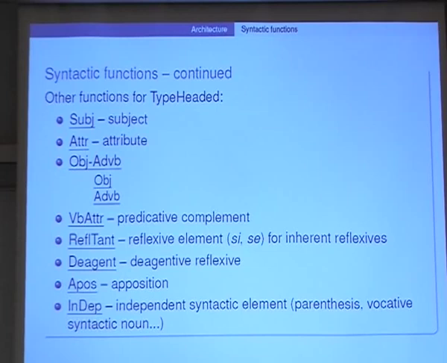Then predicative complement. There is a special function for reflexive elements in reflexive-only verbs, inherent reflexives. Then there is a special function for deagentive constructions, such as barbovka se peče, for instance. Then apposition, and then there is a special function for independent syntactic elements, such as parenthesis, vocative, syntactic noun, and other similar structures.